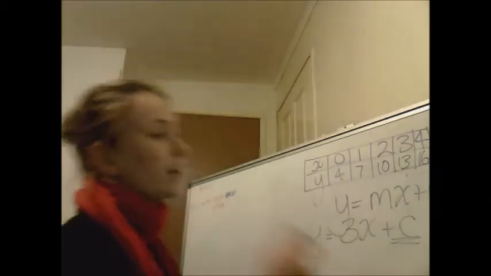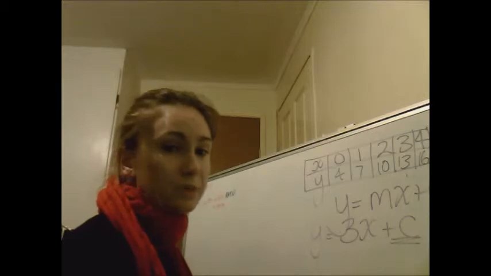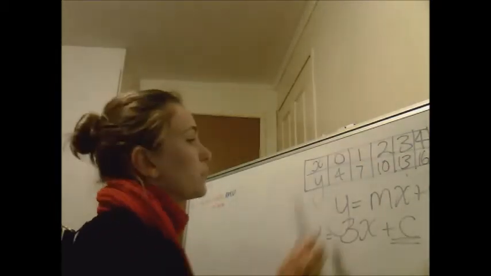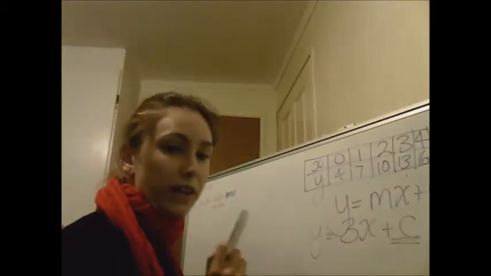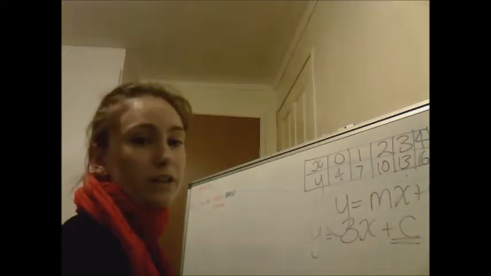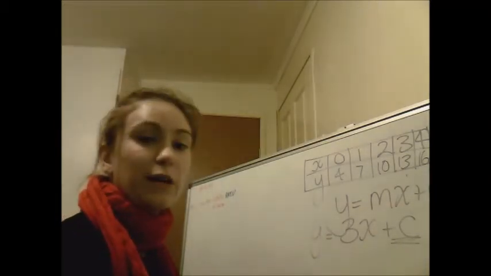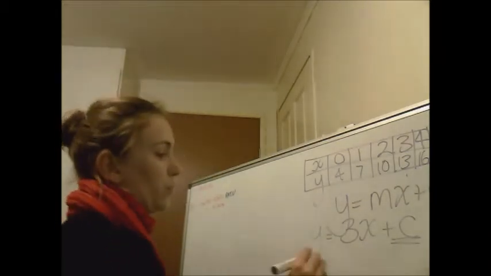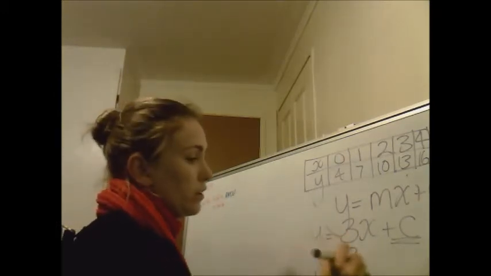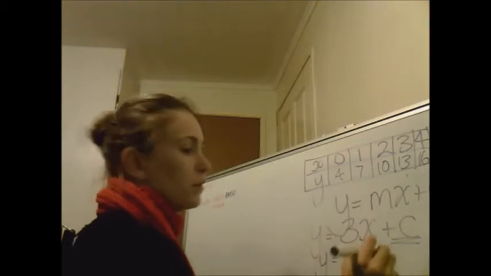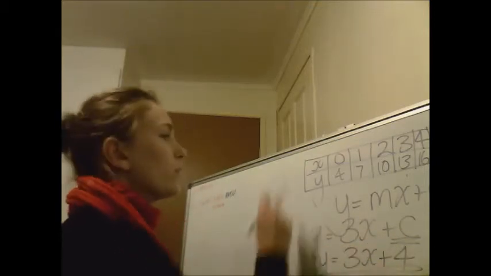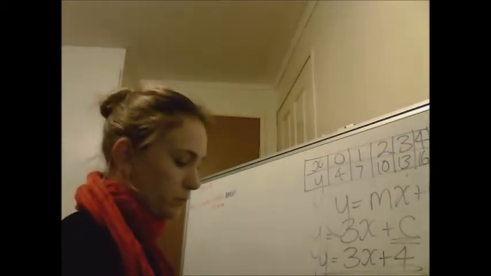Now remember I said our c is our y-intercept. In this table, we've been lucky enough that we've been given our y-intercept, because x equals 0 up here, y equals 4. So we know that our y-intercept is 4. So therefore we have y equals 3x plus 4. This is our rule for this table.